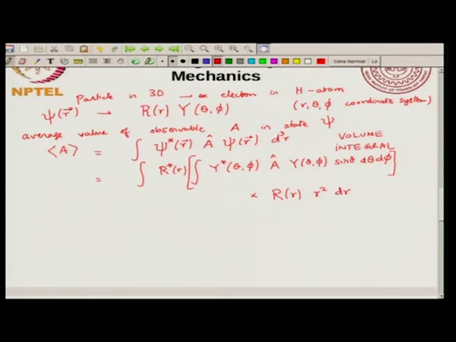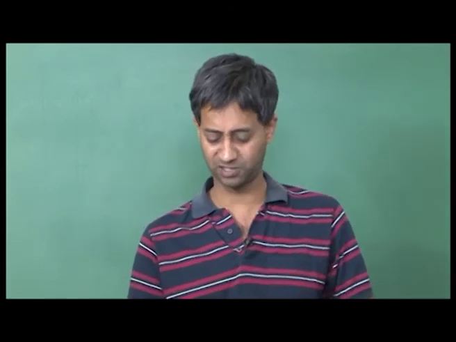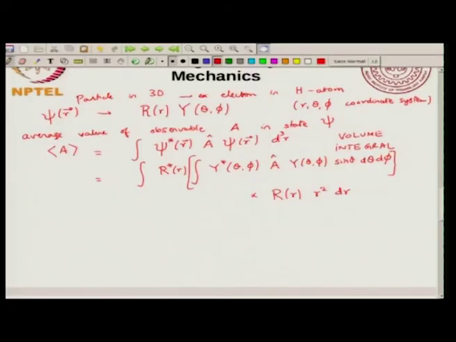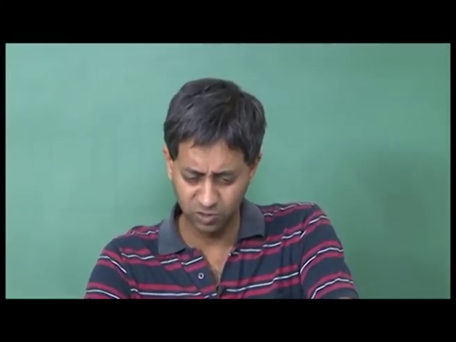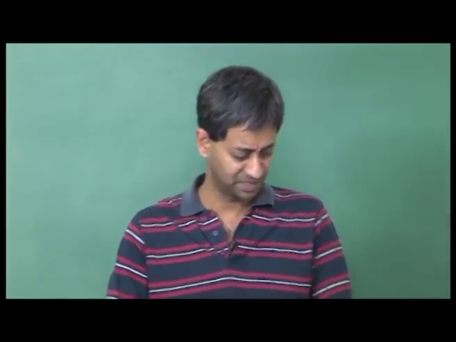So you can break up this integral in this way, and this is something you routinely do whenever you calculate properties in quantum mechanics for 3-dimensional systems. It is something you get used to doing very routinely.